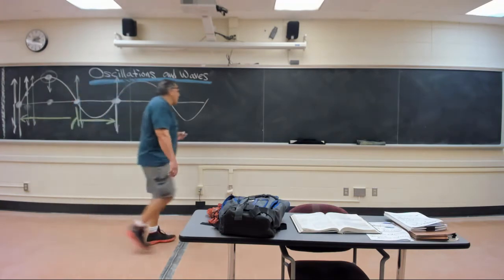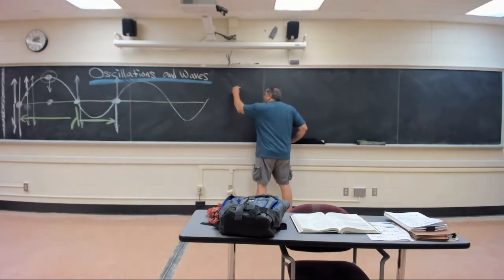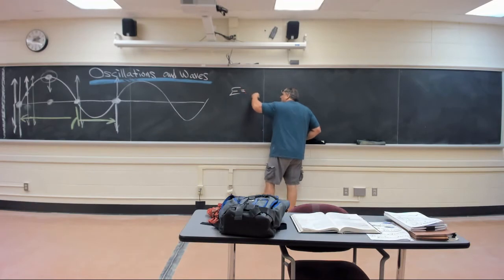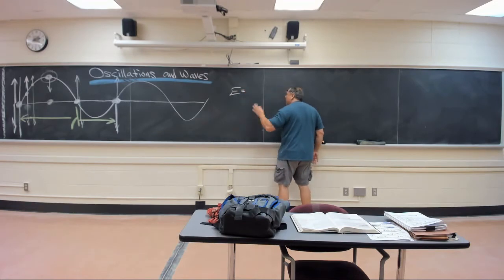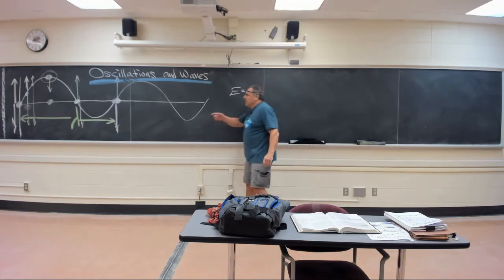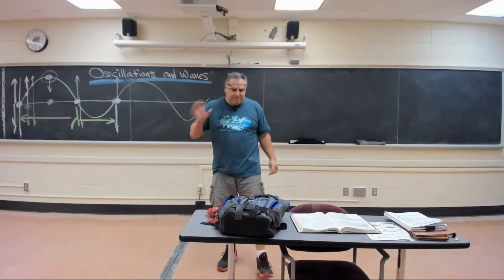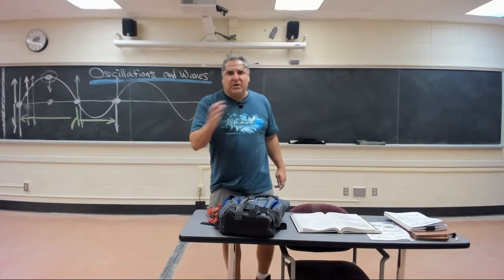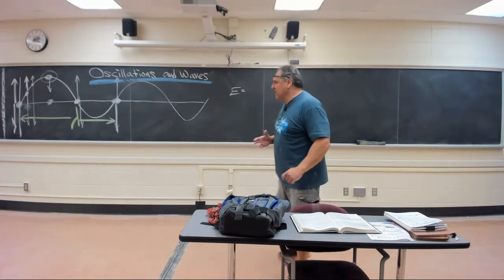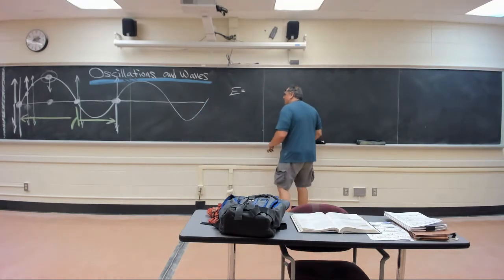Remember, the energy of a simple harmonic oscillator, the book talks about this too. All the books are going to tell you this basically. You can imagine a spring. The spring's kind of the standard for how simple harmonic oscillators behave. It's the easiest one to visualize.